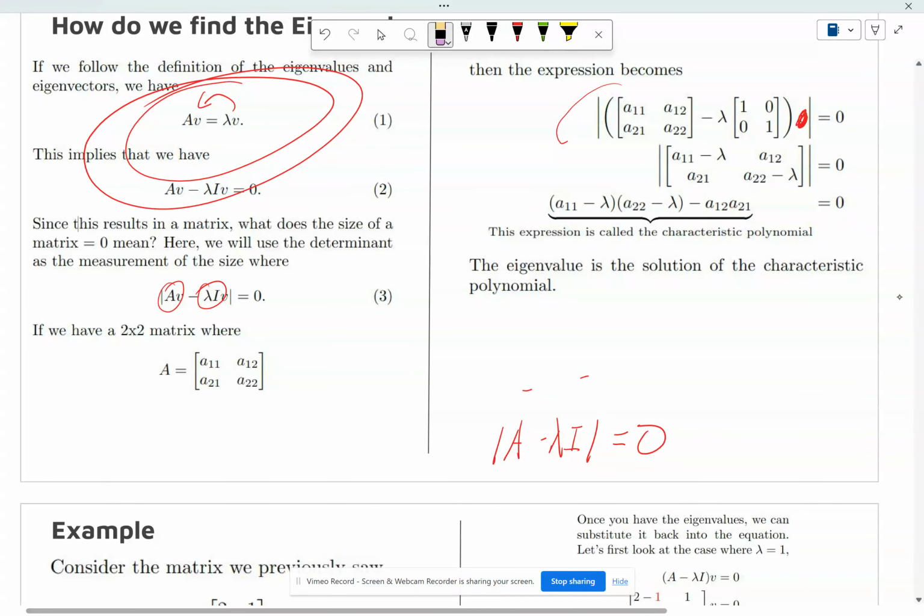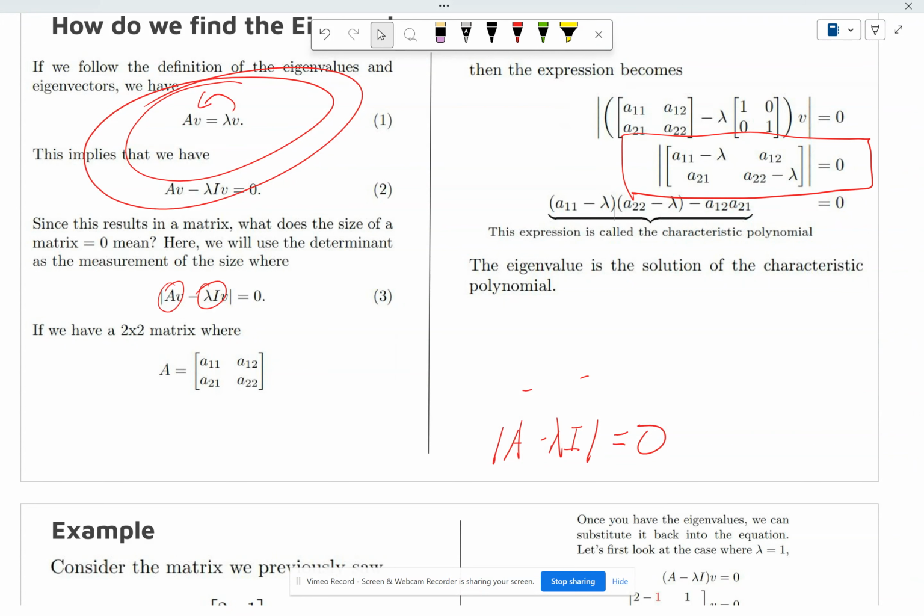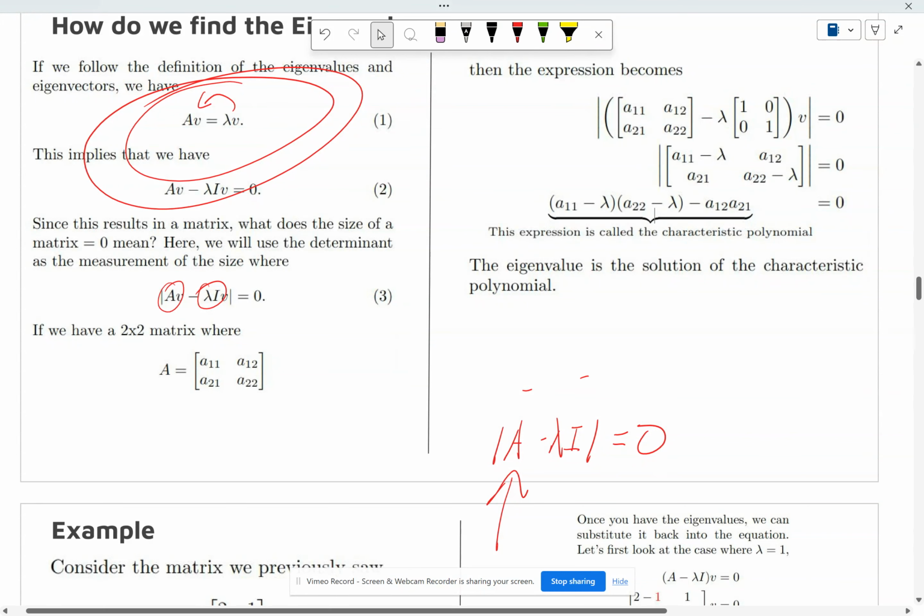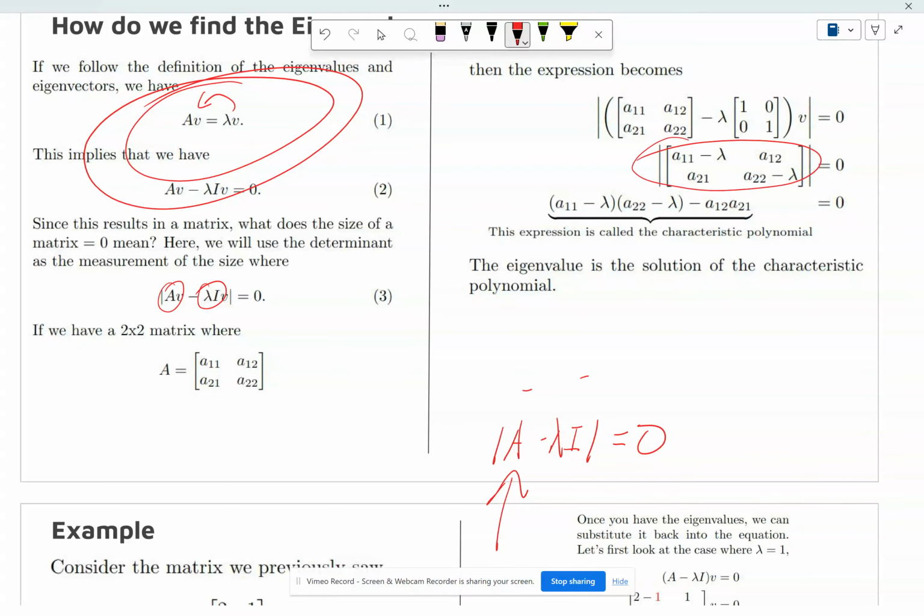And that's what I have up here. We want the determinant of the matrix minus lambda times identity to be equal to this. So now we can calculate the determinant: this times this, which is right here, minus this times this, which is right here.